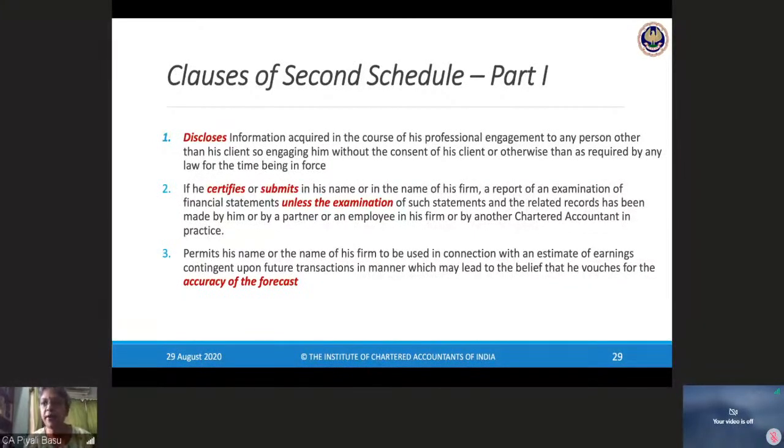We should be writing, and we can disclose such things within 60 days of reporting the fraud. Section 143(12) talks about that. Within that 60 days, first 15 days, it is given to the client, asking please tell us, do you have any comment on this?